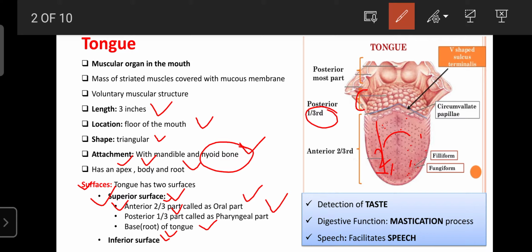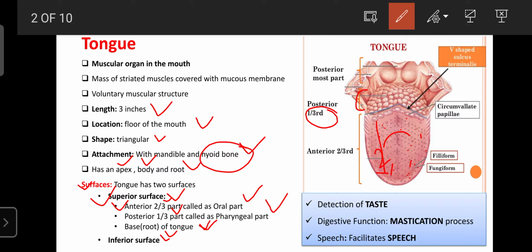The movement of the tongue mainly depends upon the base or root of the tongue. That movement of the tongue is helpful for speech, and also for the mechanical digestion of the food in the oral cavity as well as enzymatic digestion, because it helps to mix the food with the saliva.